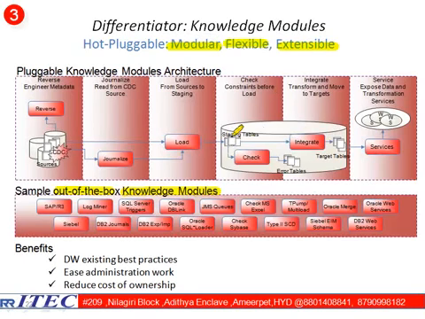They were created following data warehouse best practices, with easy administration and reduced cost of ownership. It is also cheaper in the market. So the three benefits are: number one, high performance; number two, high productivity; number three, modular, flexible, and extendable using the existing knowledge modules. This is what we learned yesterday.